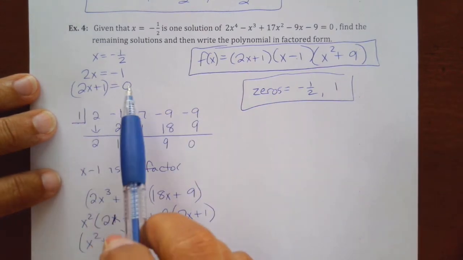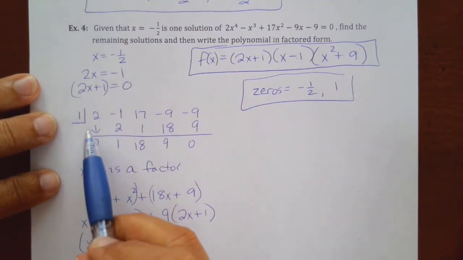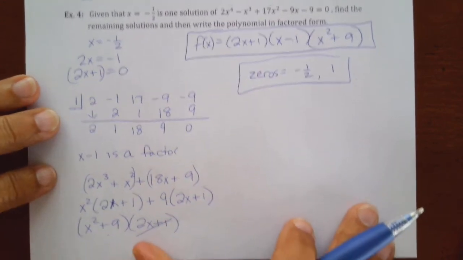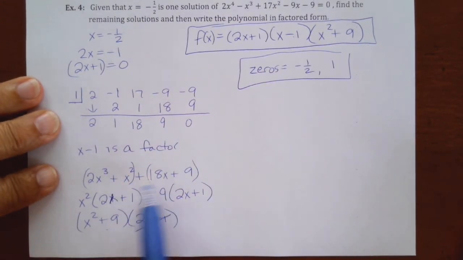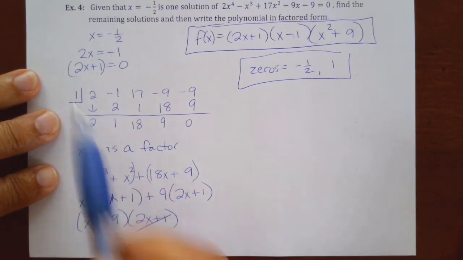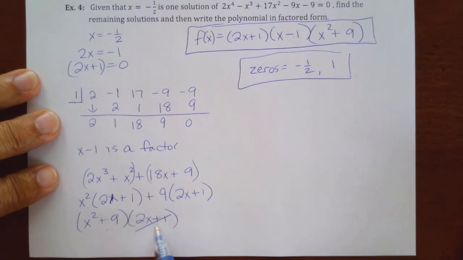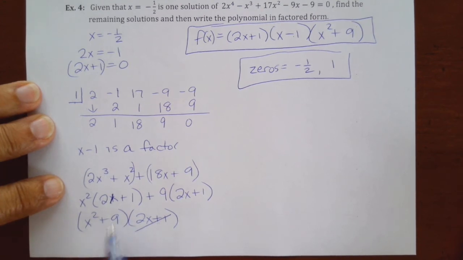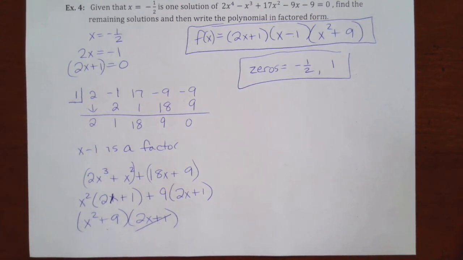So that's why I use my calculator, and thank goodness I found another easy number to do the synthetic division by. Once I got it down to x cubed, then I could factor that by grouping. So I already knew the -1/2, but it showed up right here, and that's okay, because they already gave me that one in the problem. So really that's all that I needed, okay? All right, so hopefully that makes sense.